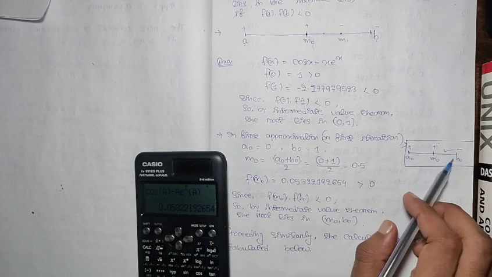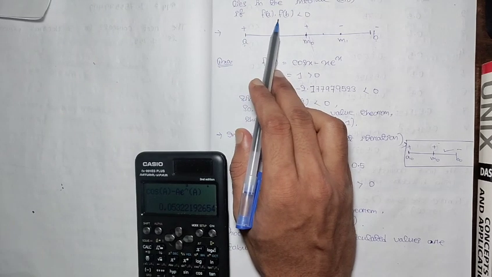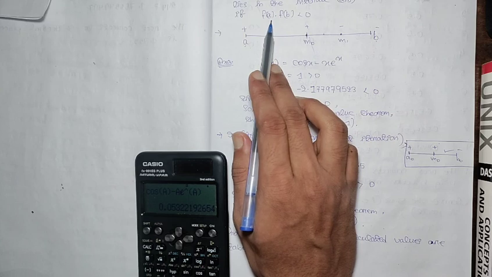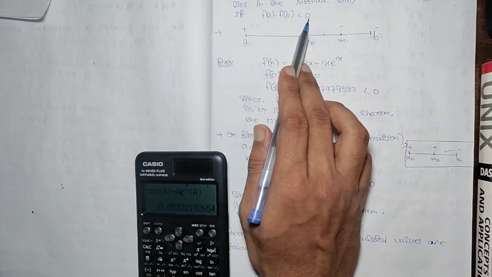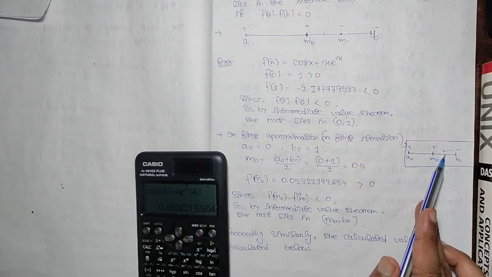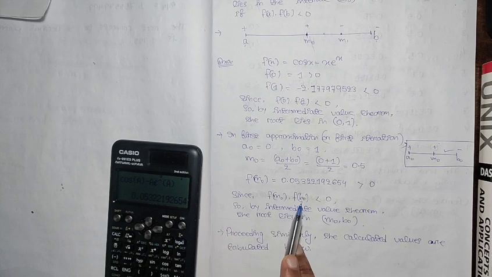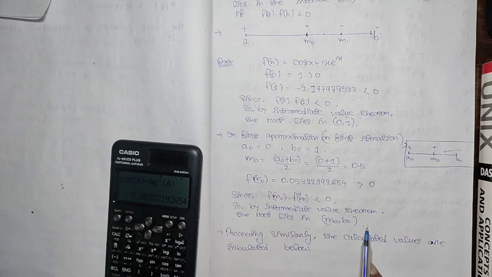Why so? Because the root lies in the interval if f of a times f of b is less than 0. Here f of a is f of m0 and f of b is f of b0; one is positive and the other is negative, and positive times negative is negative, which is less than 0. So the root lies in this section. Here you should write: since f of m0 times f of b0 is less than 0, by the intermediate value theorem the root lies in (m0, b0).